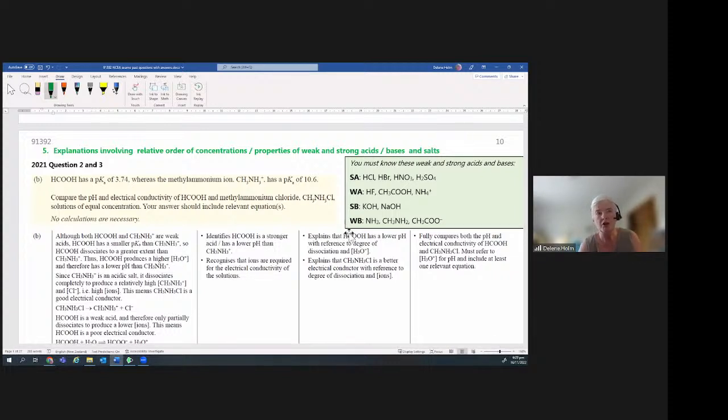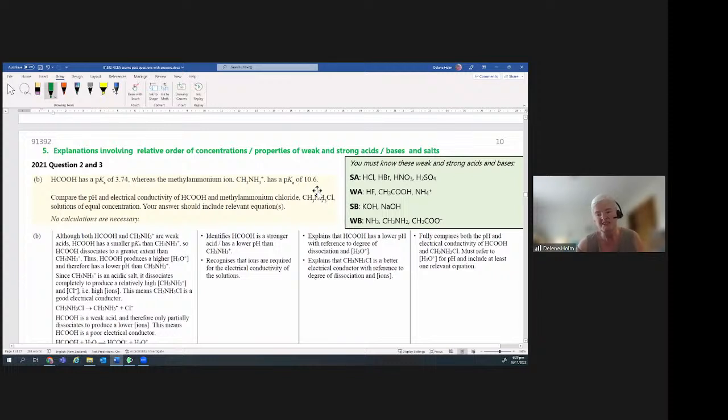So those you are expected to know. They can give you others, but if they do so, they will tell you. A good tip also to know whether something is weak is they'll always give you a Ka or a pKa value. Strong acids and strong bases are not given a Ka or pKa value simply because we say the equation has gone to completion.